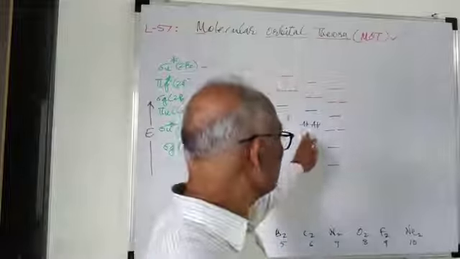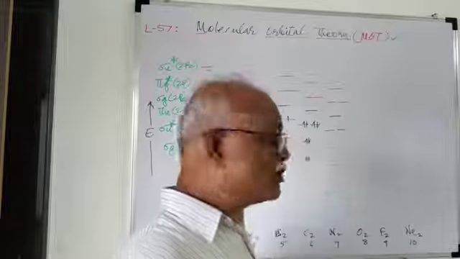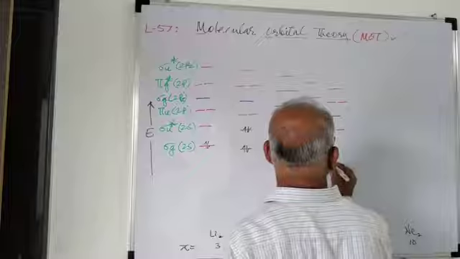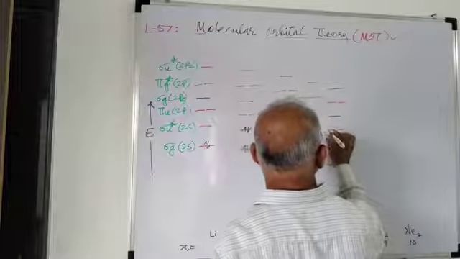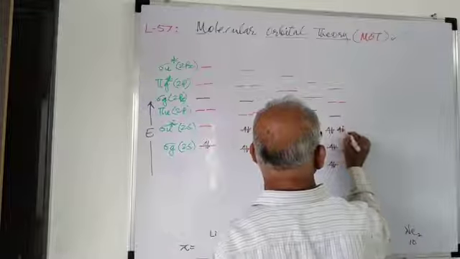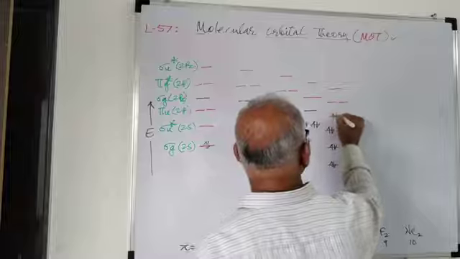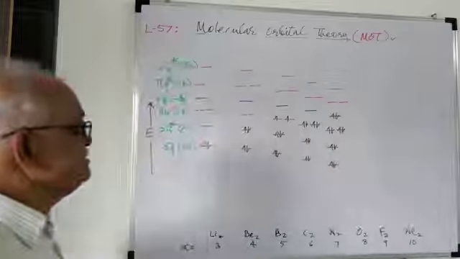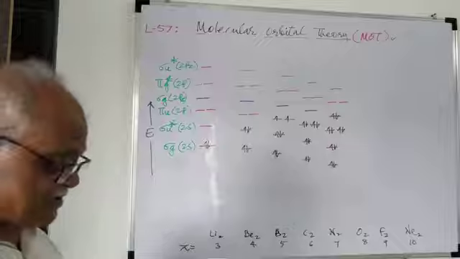And there is again an increase of two more electrons in N2. So we are showing these electrons in this way. So two more electrons will go into these molecular orbitals like this.